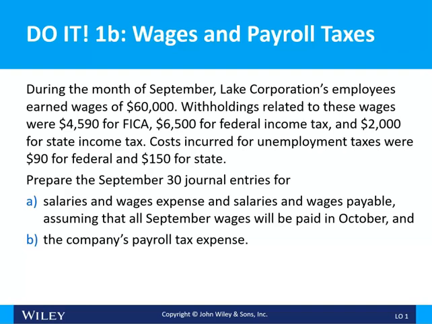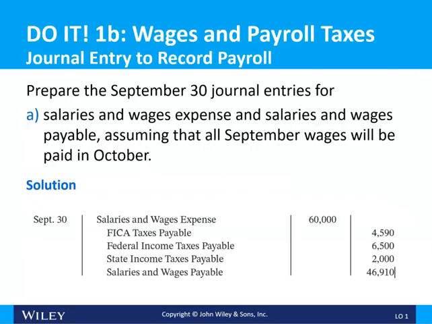So what is going to be the entry to record our salaries and wages expense? We're going to debit salaries and wages expense for the $60,000, and credit FICA taxes payable, federal income taxes payable, and state income taxes payable based on the information that was given.